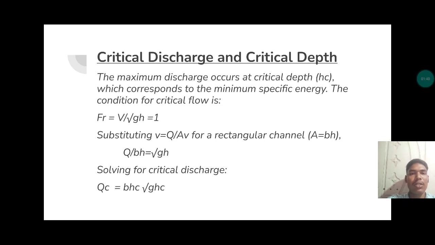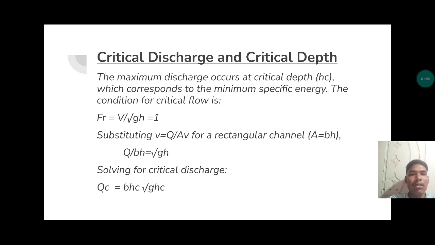Substituting V is equal to Q by A, where for a rectangular channel the area A is B into H, breadth into height. Q by BH is equal to root GH.